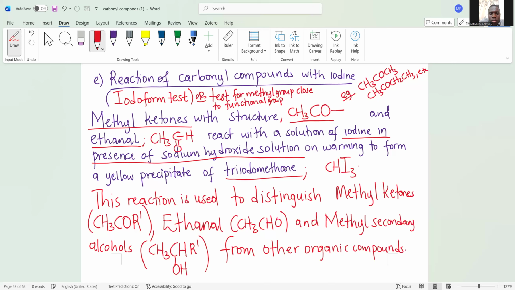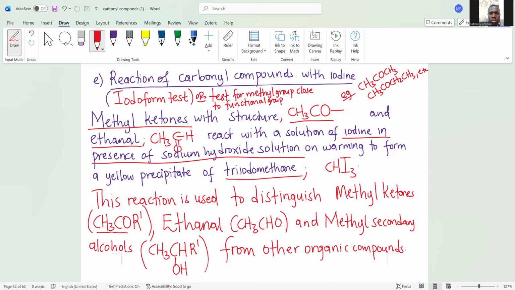People, note that I repeat this: not every carbonyl compound reacts with iodine. Not every carbonyl compound undergoes the iodoform test. For example, propanal lacks a CH3CO. It will not undergo it.